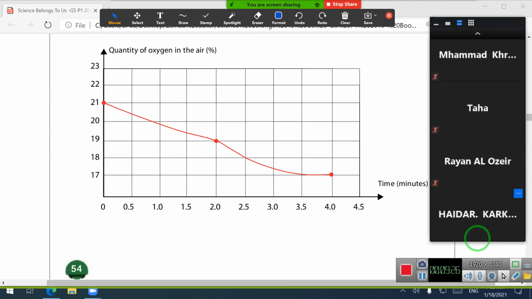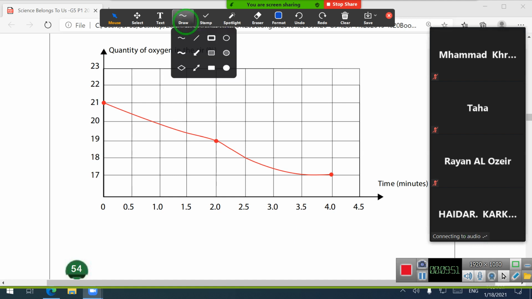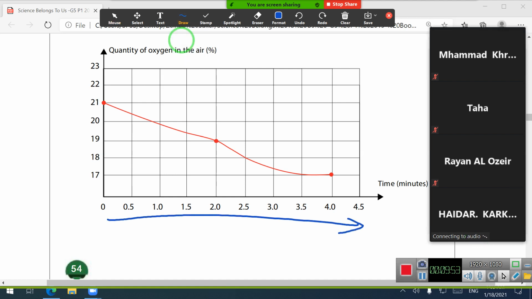Now, this graph shows the quantity of oxygen in the air in percent as a function of time in minutes. As shown in the description, these measurements are taken in 4 minutes.